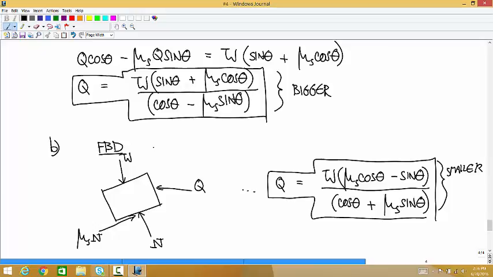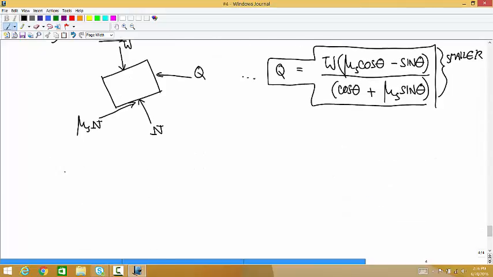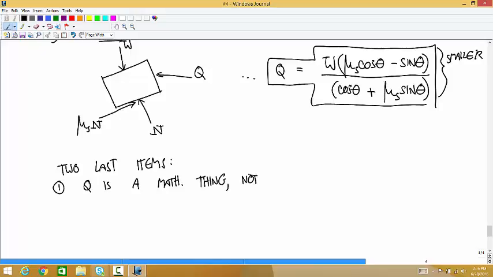Okay, so there's two more things. Two last items with this. The first one is that Q is a mathematical thing. It's not a real force that's applied to this thing to turn it. It's not a real force.